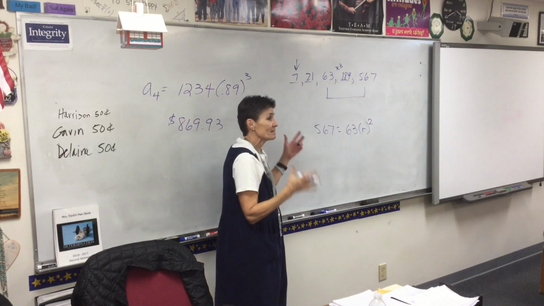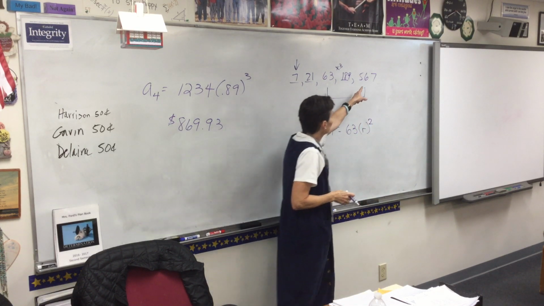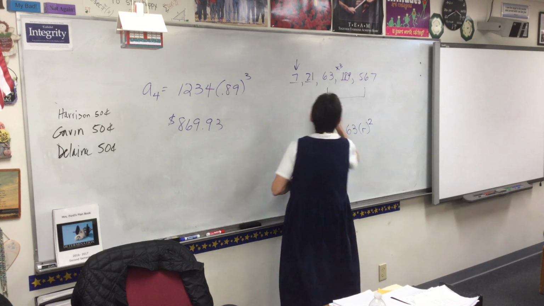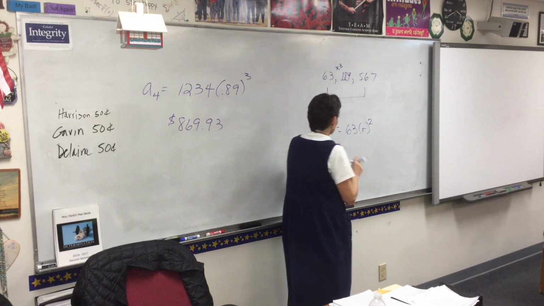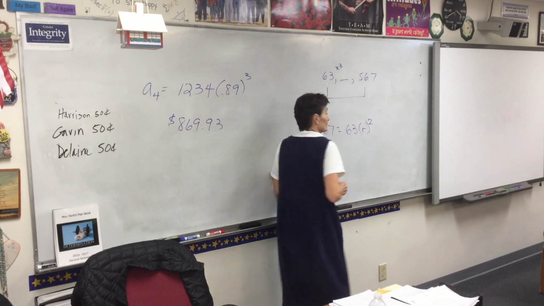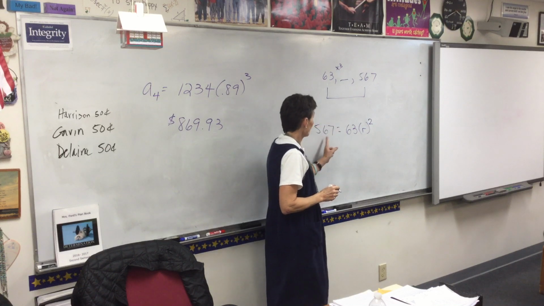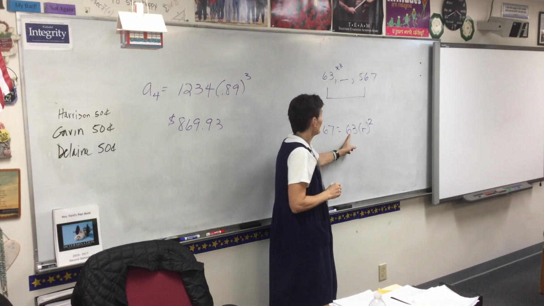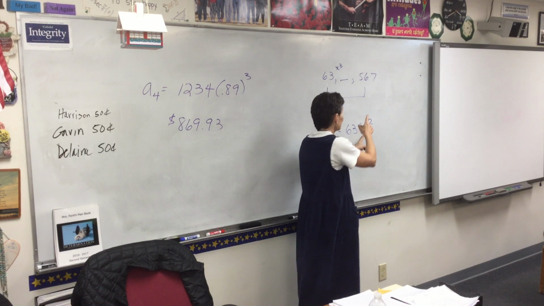And the reason it would be this is because that last term right there, at this point, these are the only terms I know. I don't even know that one. So the last one equals the first one I know times some number to the second.